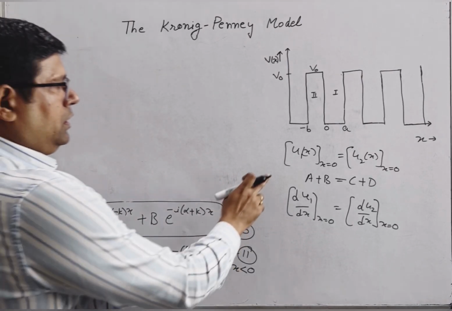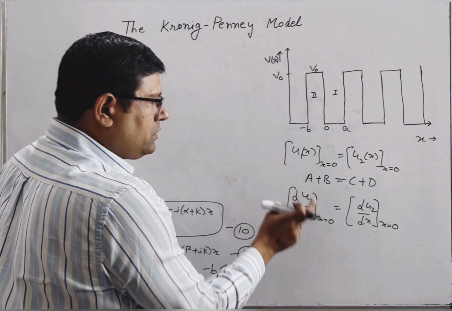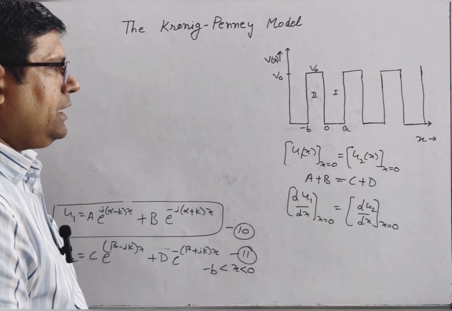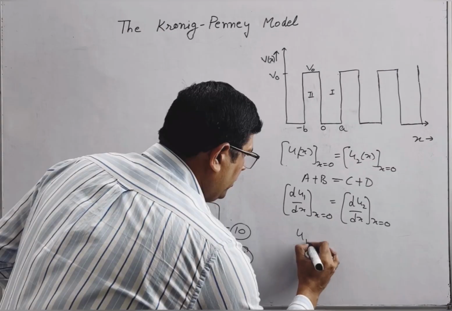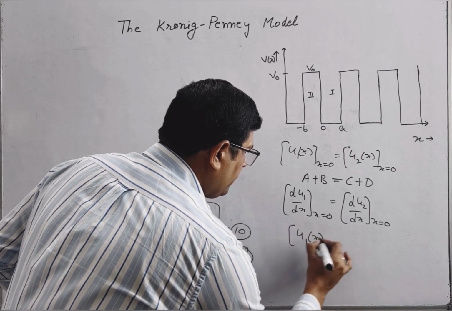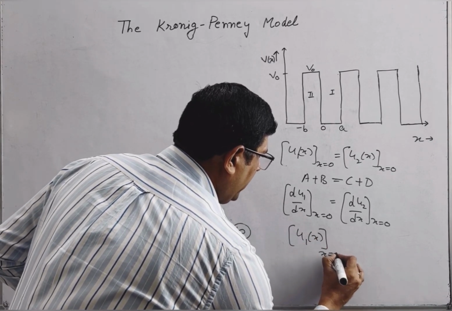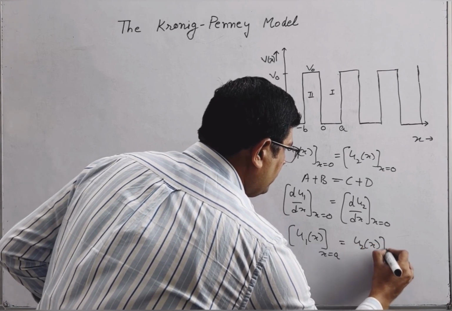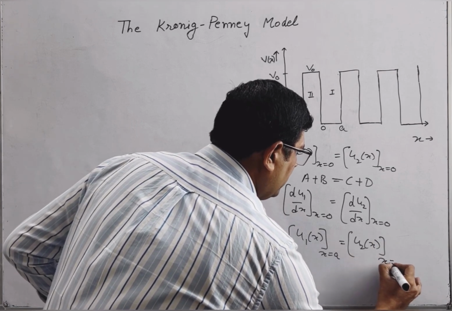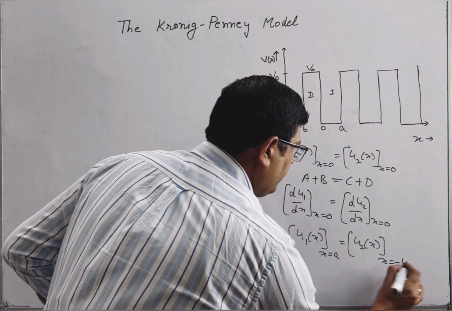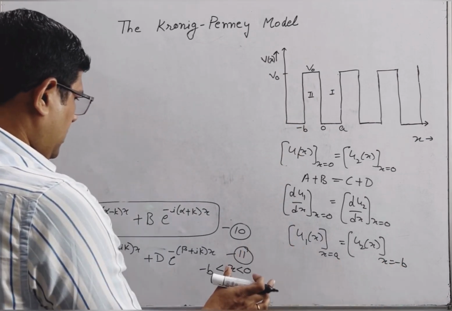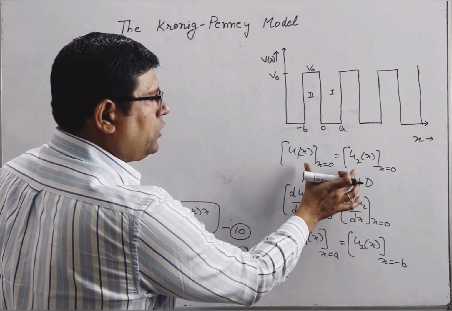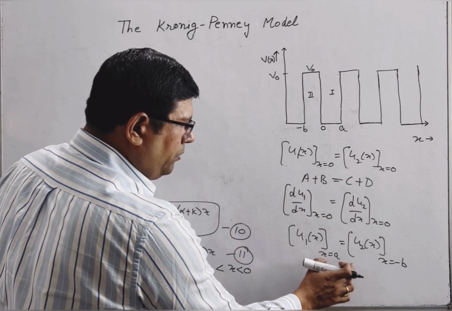And the next boundary condition is u1(x) at x equal to a equal to u2(x) at x equal to minus b. This is the condition of periodicity. This is the condition for continuity and this is for periodicity.